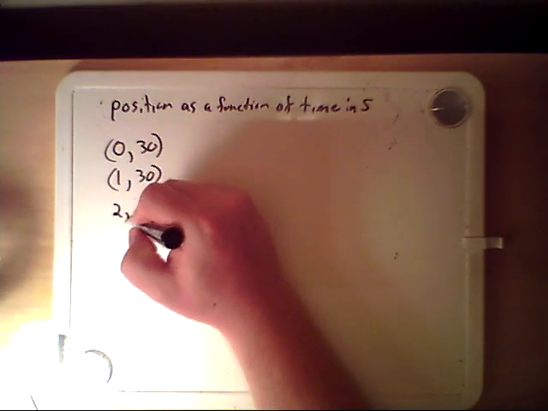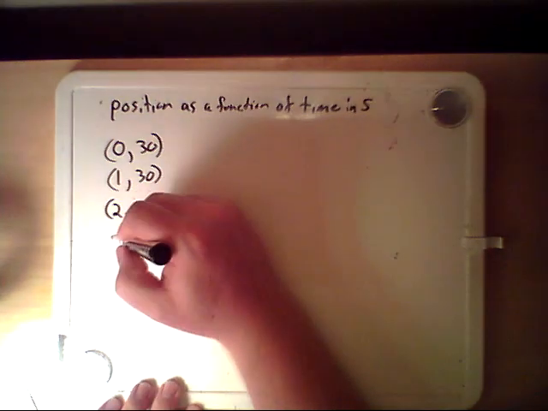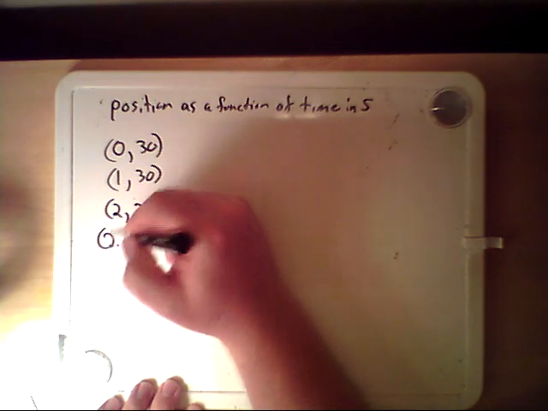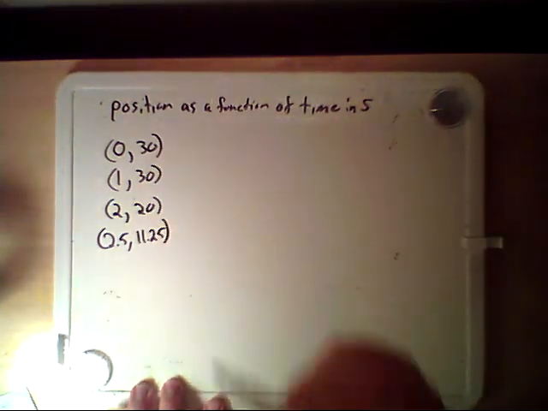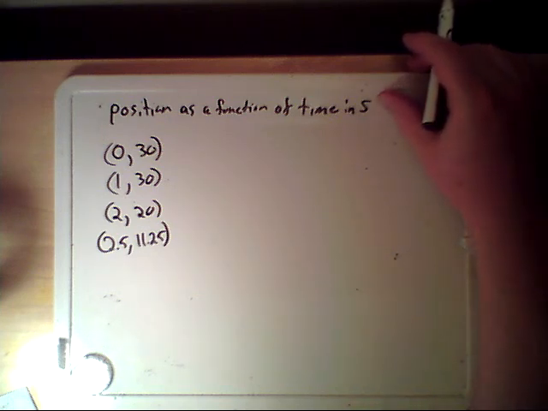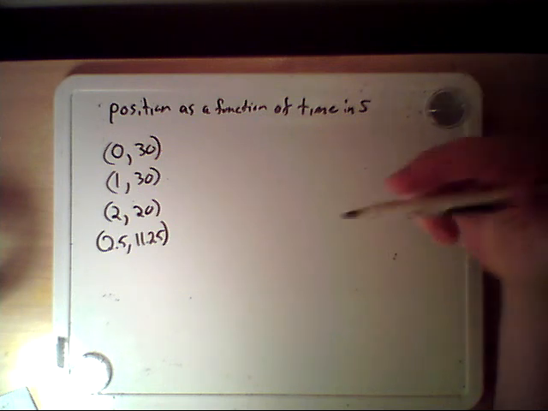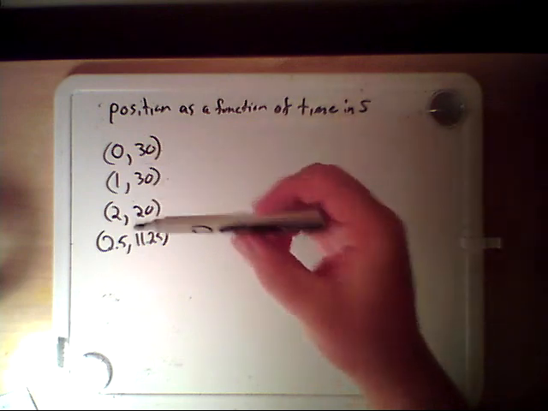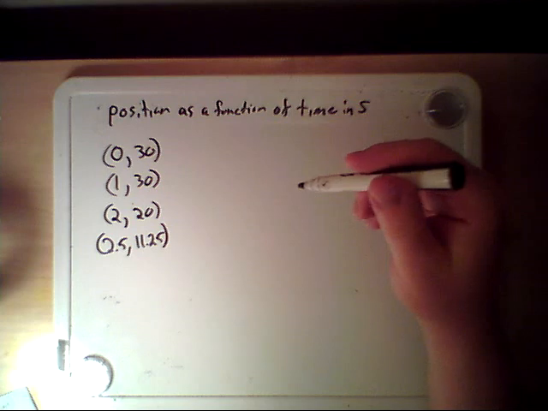After 2 seconds, the height of the rock is 20 meters. And after 2.5 seconds, the height of the rock is 11.25 meters. Since this is basically a quadratic system, and I know that gravity has a quadratic effect on a rock, I'm just going to choose the first three data points and do a quadratic function instead of a cubic function.